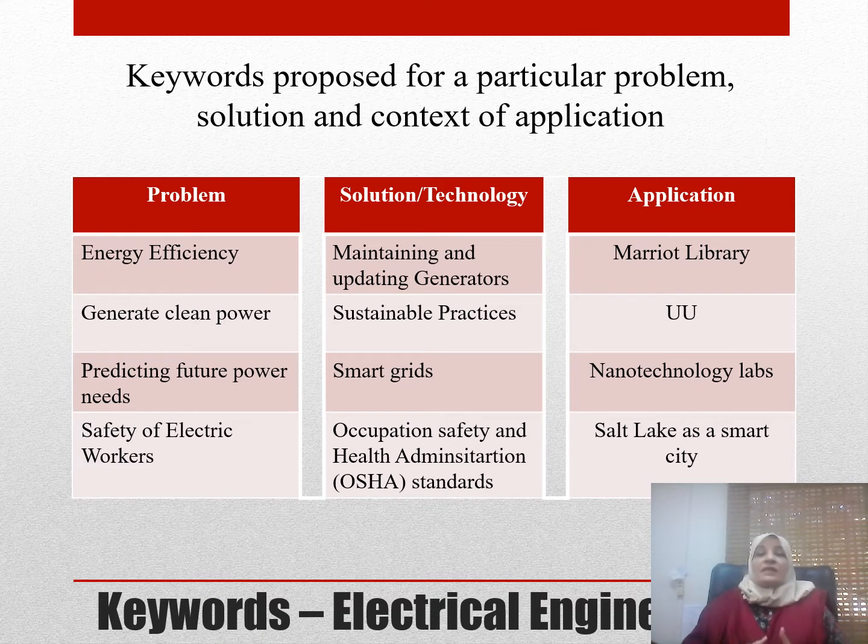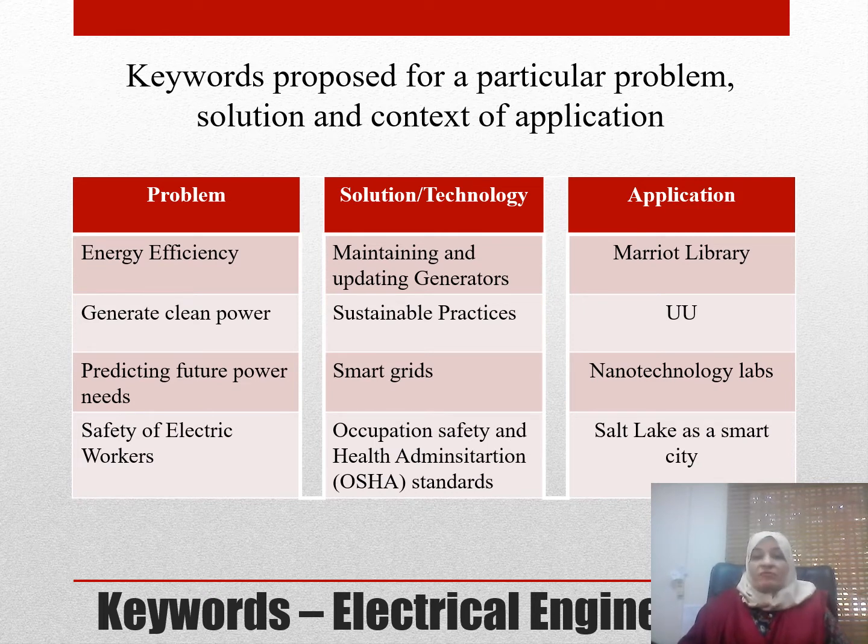Maybe whatever energy utilization is there, it may not be utilized very effectively, and you may be thinking of certain systems, certain processes through which the efficiency of energy utilization may be enhanced. So the problem or the keyword that you are intending to look up is relevant to energy efficiency.